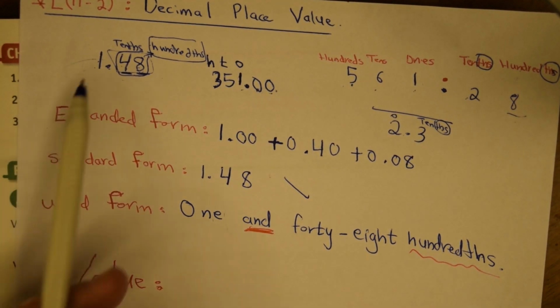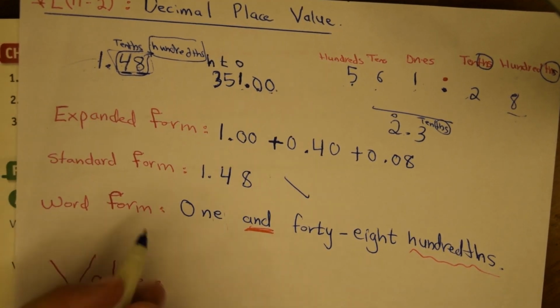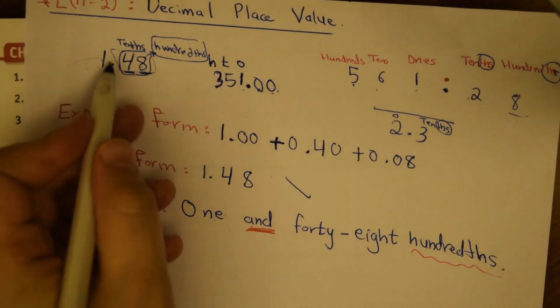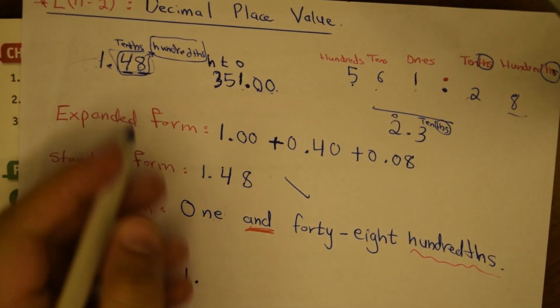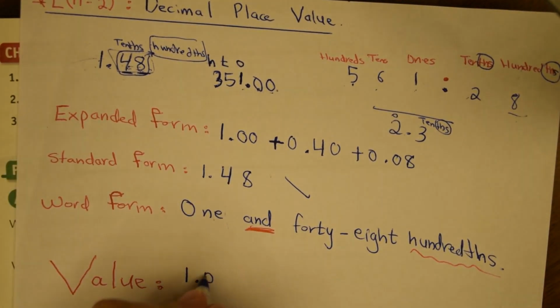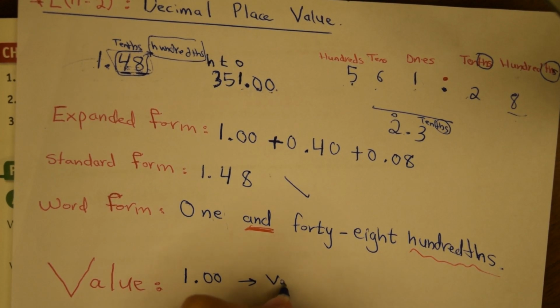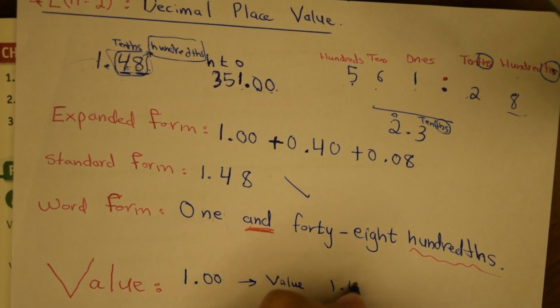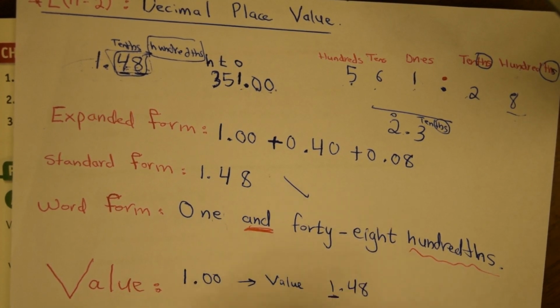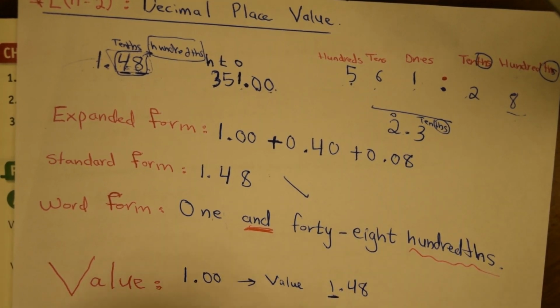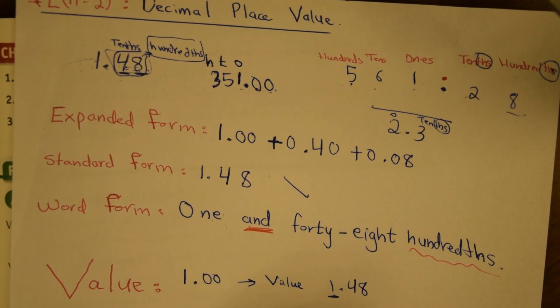So I will ask you, find for me the value of the 1. What will you write? You will write the 1 down and you will put other numbers 0. This is the value for the 1. Okay, now if I ask you find for me the value of the 4, then you will write 0.40.